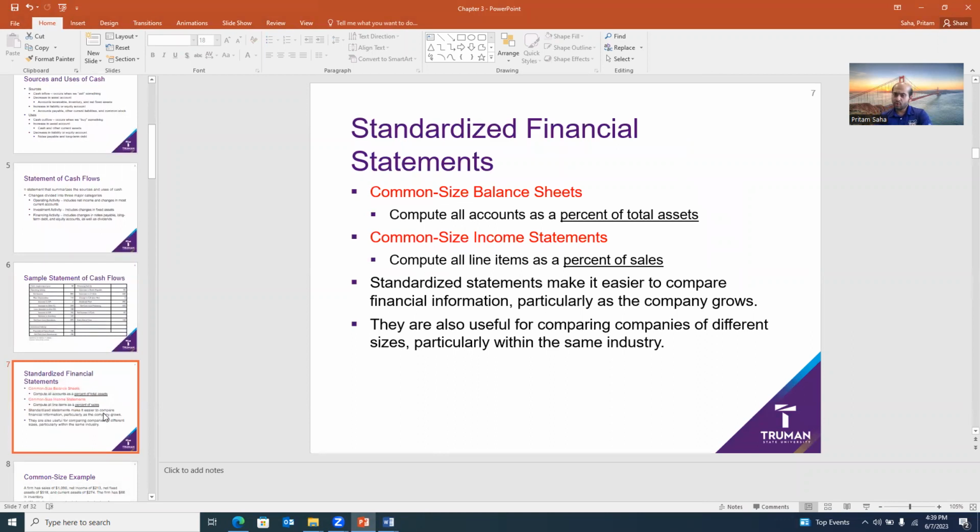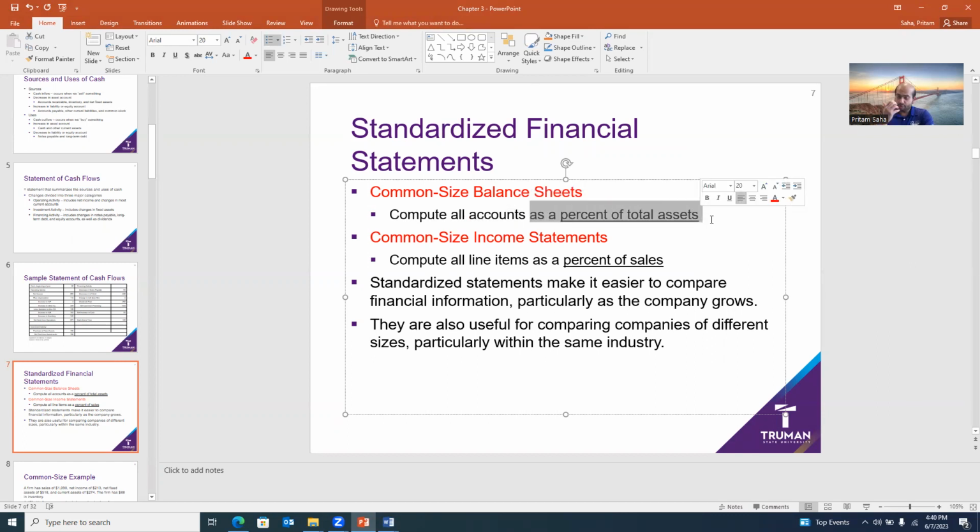If we want to common size a balance sheet, we should convert all the accounts. That means current assets, current liabilities, fixed assets, long-term liabilities, shareholders' equity, all accounts as a percentage of total assets. So we're basically scaling all the components of the balance sheet.